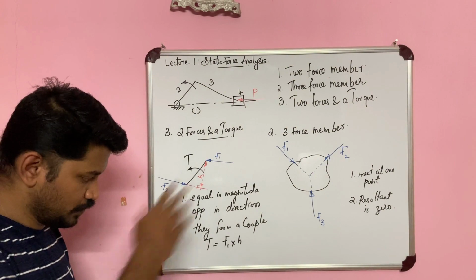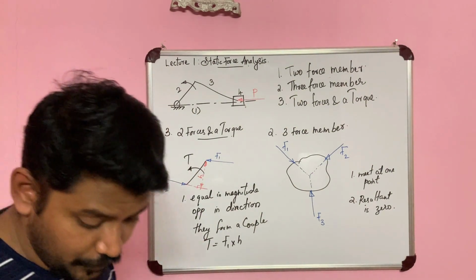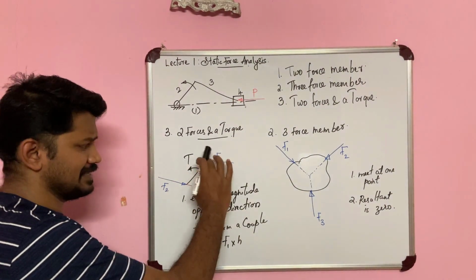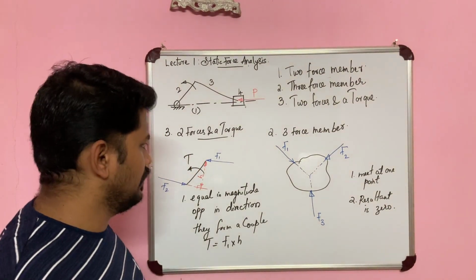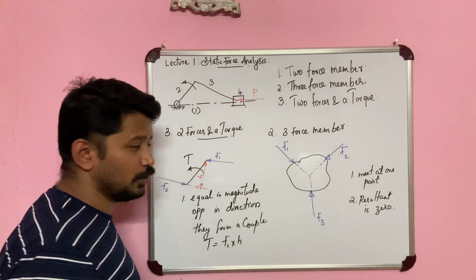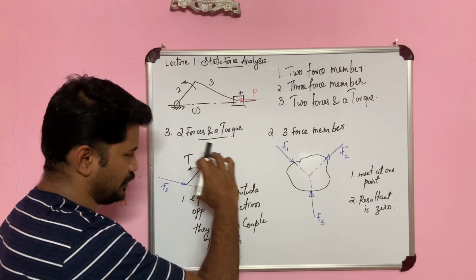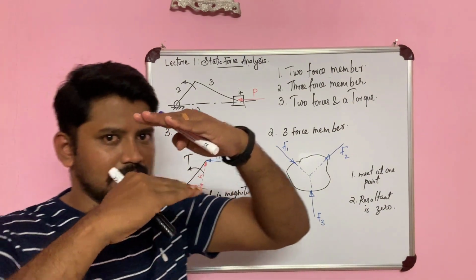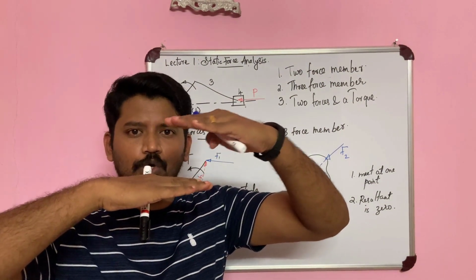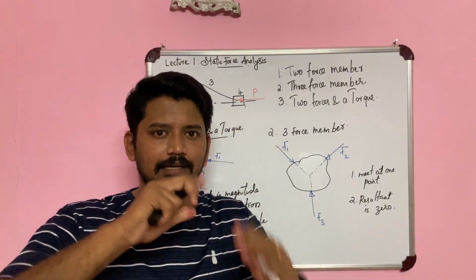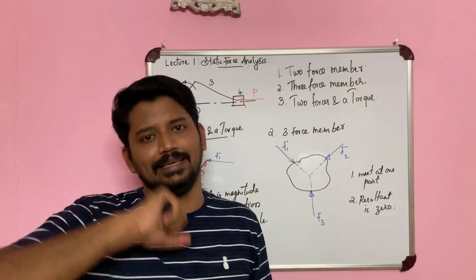Most of the students have some confusion when taking this h value, because they usually tend to make mistakes in how to measure this h. Now it is nothing. When you have to measure the distance between two parallel lines, what do you do? You draw a perpendicular line to these two parallel lines and measure that perpendicular line's length.